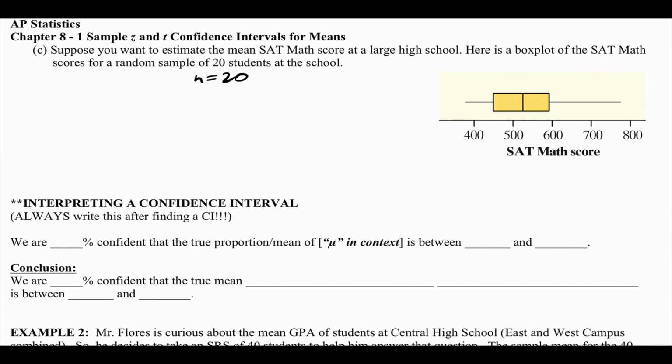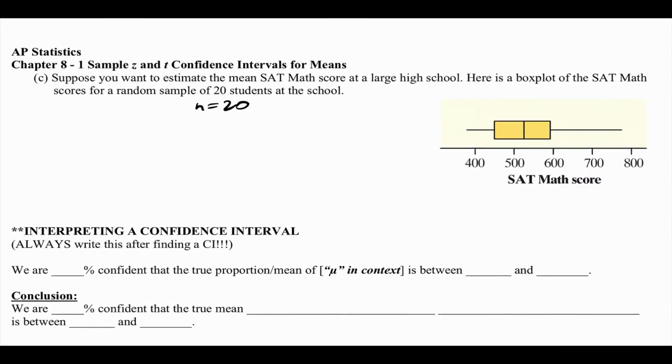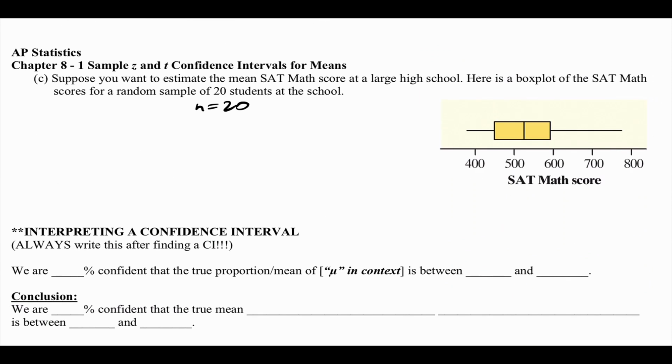Is it skewed? How do we know if this one is skewed or not? Like the earlier one, it's fairly easy. Just turn your head to the side and see, oh, there's a big clump of numbers over here on the high side, and not so much on the low side. You can turn your paper to the side and draw a shape too. But how do you do that for this one here?